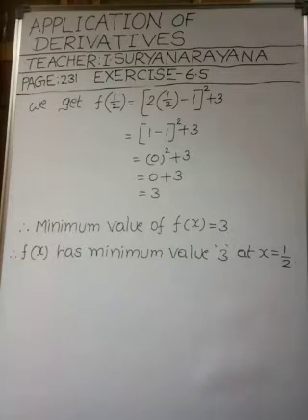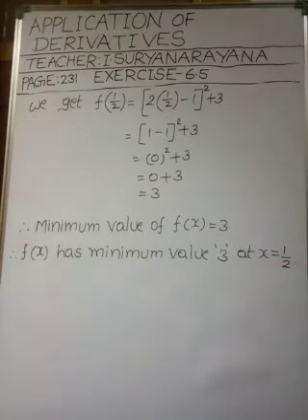Right. Now step 3, find critical points by solving the equation f dash of x is equal to 0. Find stationary points or critical points or turning points by solving the equation f dash of x is equal to 0. That is step 3. And step 4, for finding the minimum value or maximum value of f of x, substitute that critical points or turning points or stationary points in the given function.